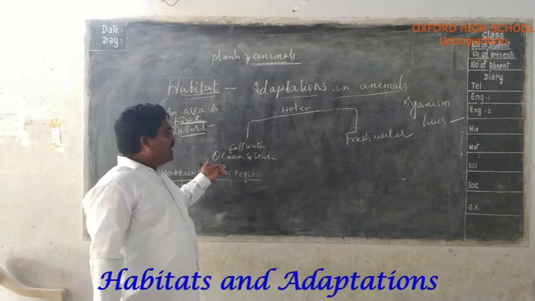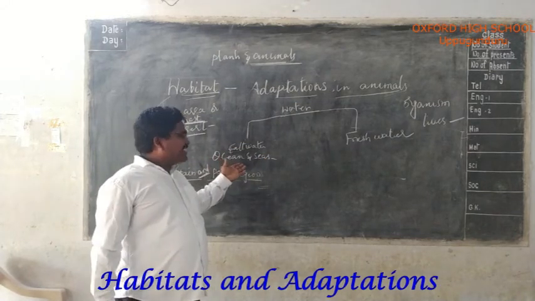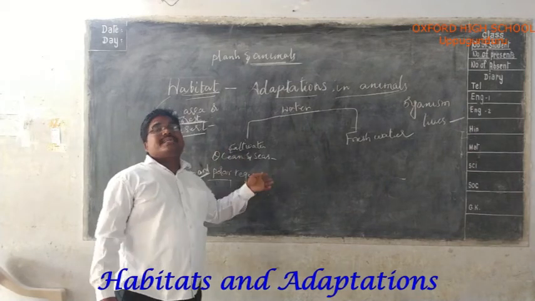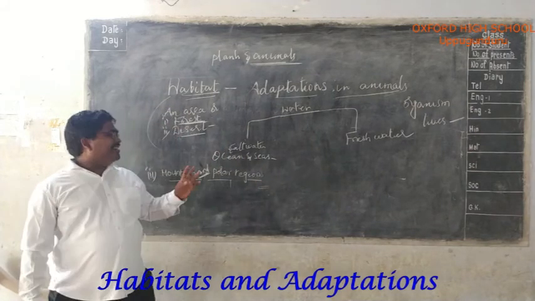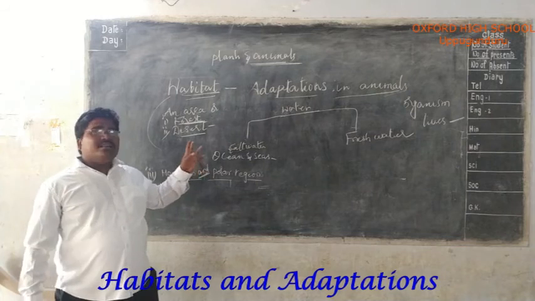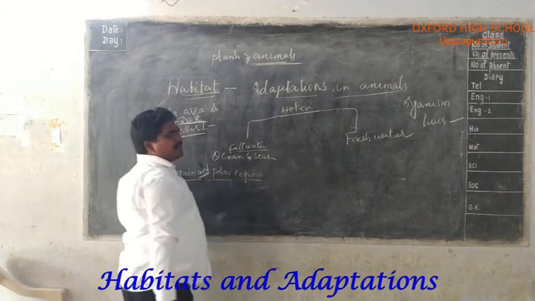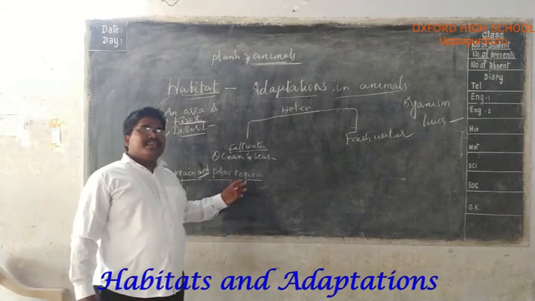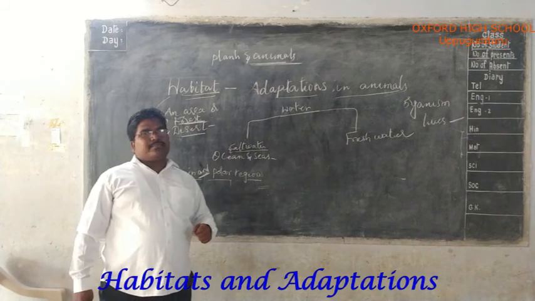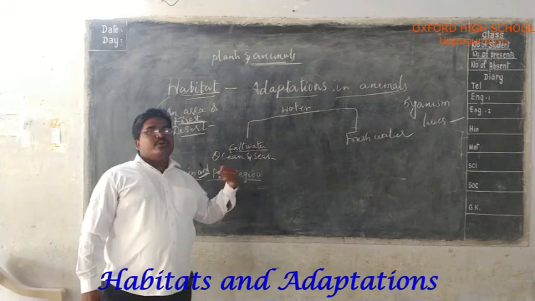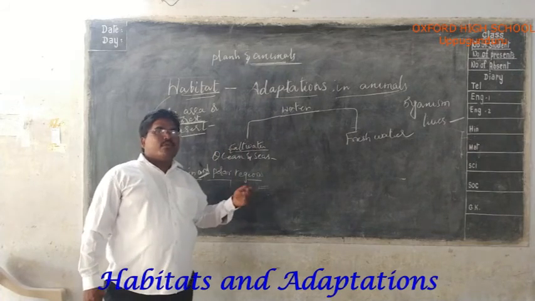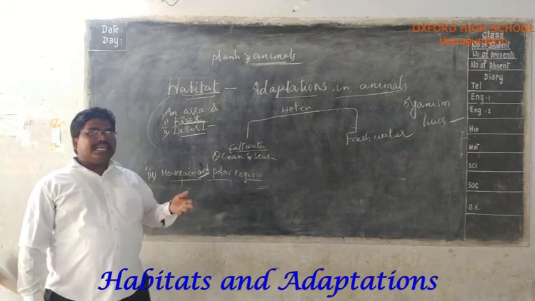Oceans and seas are the largest salt water habitats on the land. Here different types of animals are present, for example crabs, fishes, seals, whales, octopus, jellyfish.